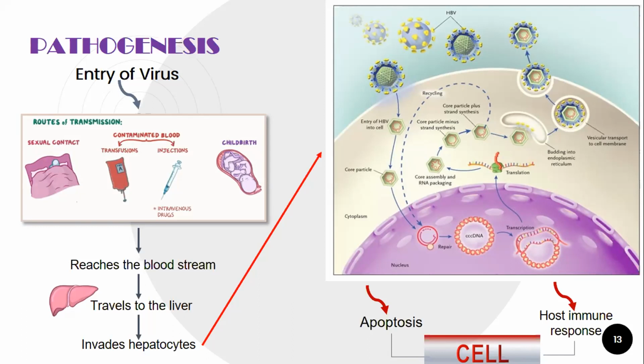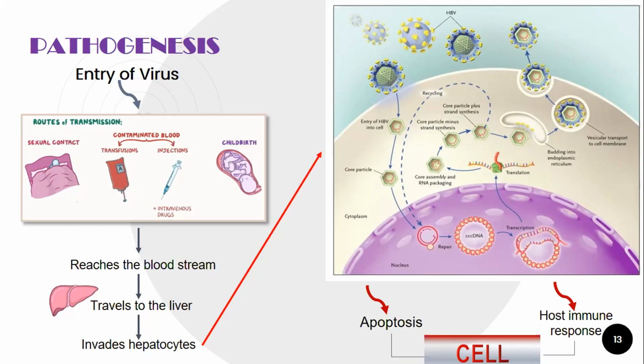Specifically, it makes use of the nucleus within the hepatocyte to undergo transcription, and then it exits to the cytoplasm and undergoes translation. In some cases, the core particles of this virus could go to the endoplasmic reticulum, where they are packed into a transport vesicle, so that they could undergo exocytosis and further infect other adjacent cells within the liver.